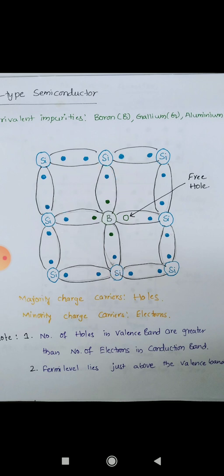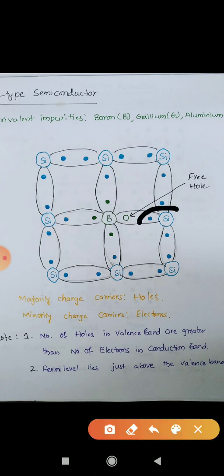Here you can see silicon is giving 1 electron, but boron is not giving any electron because it does not have any electron to form a bond. This boron is ready to accept 1 electron so as to form the bond and get stabilized. Because of that reason, boron and trivalent impurities are called acceptor impurities, because these impurities readily accept 1 electron to stabilize themselves.